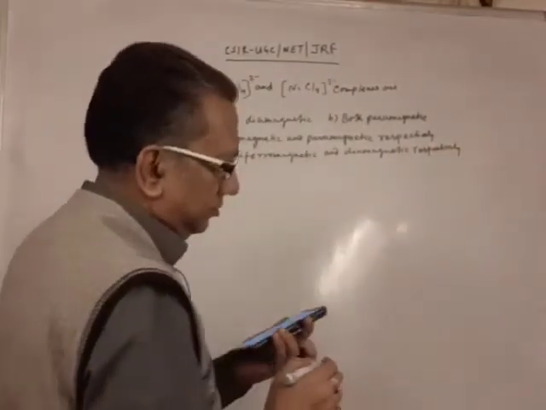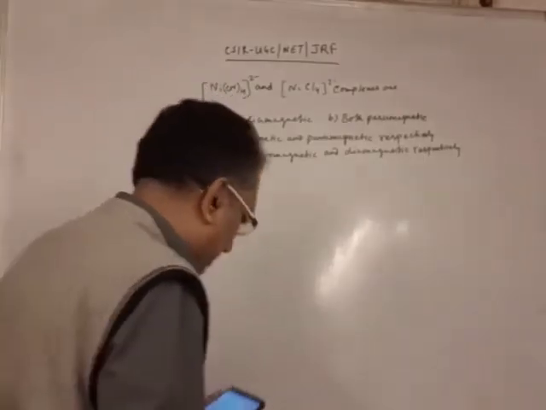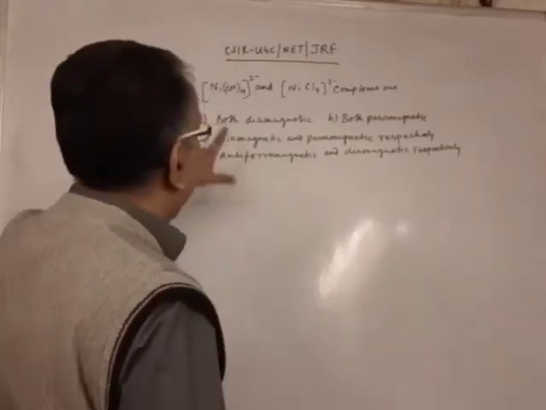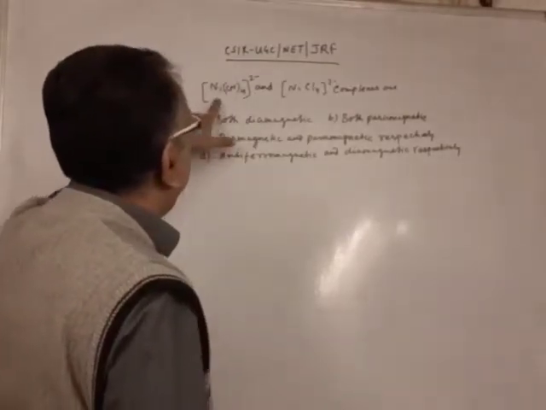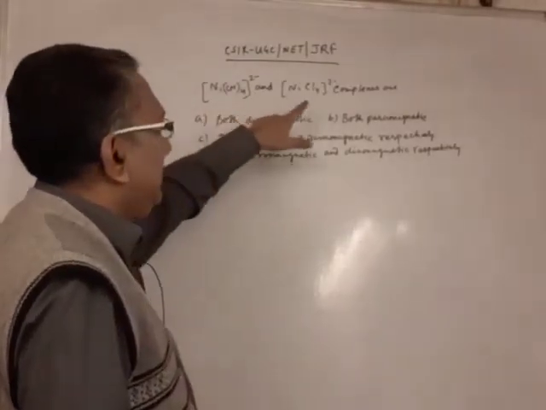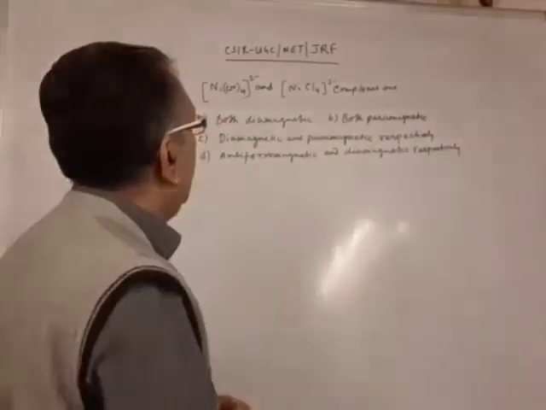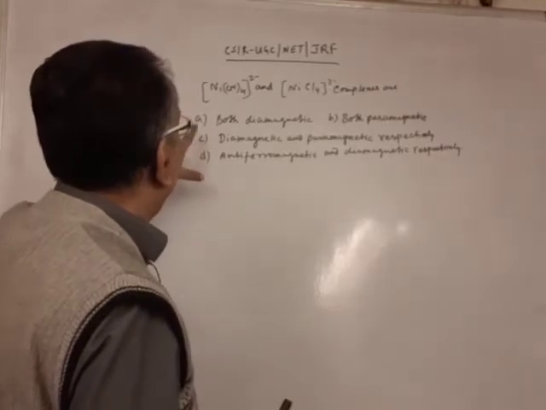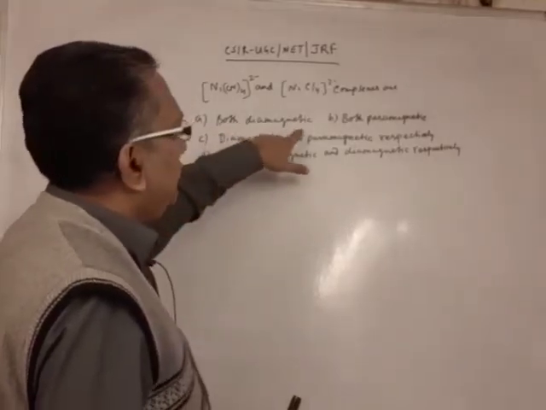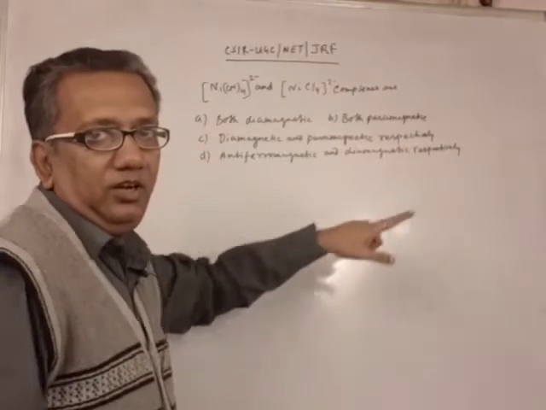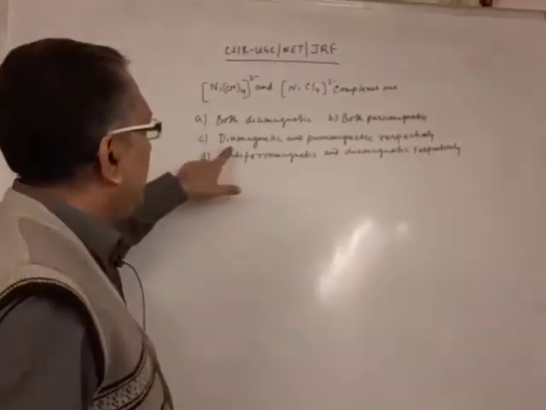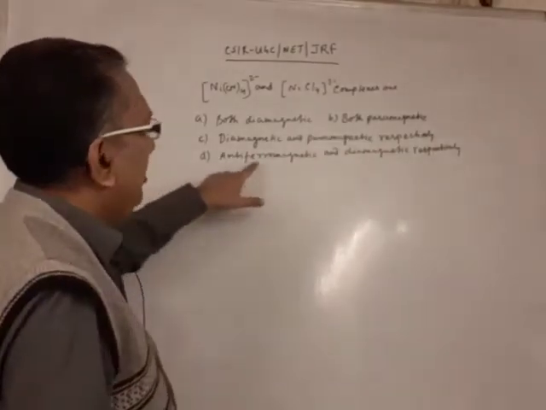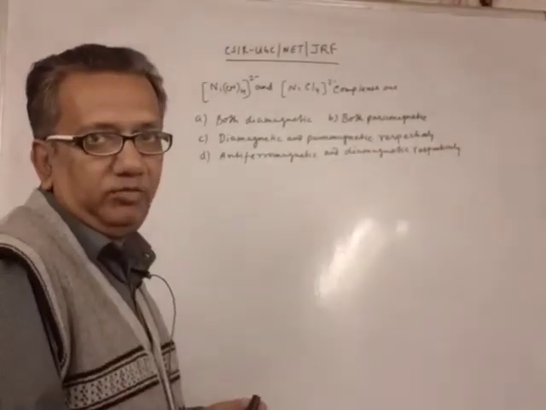Now I am once more repeating the question. Ni(CN)4 2- and NiCl4 2- complexes are both diamagnetic, both paramagnetic, diamagnetic and paramagnetic respectively, or antiferromagnetic and diamagnetic respectively.